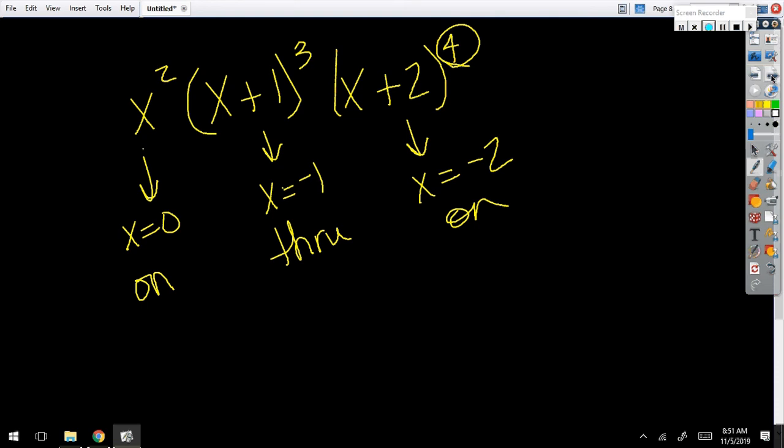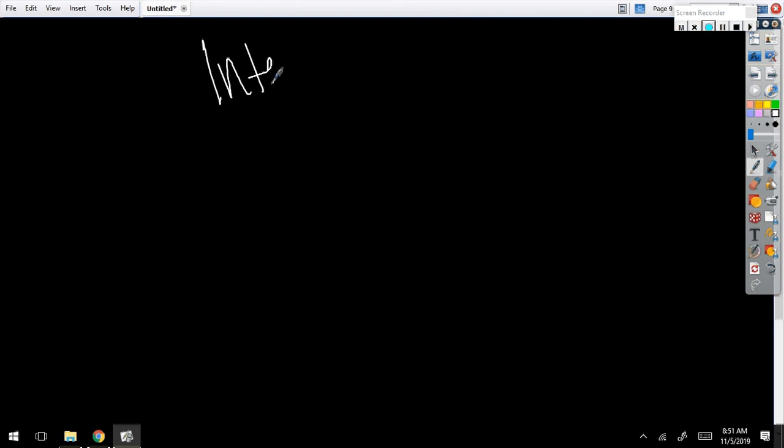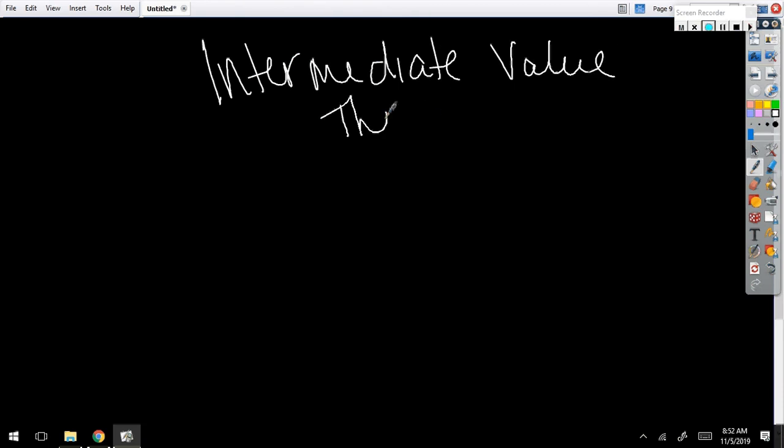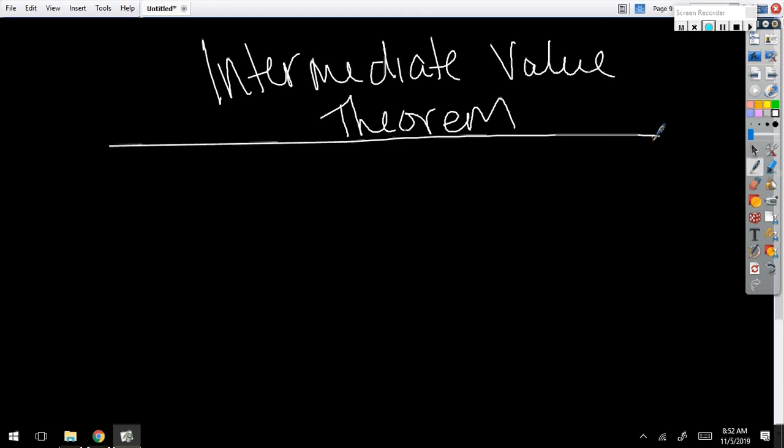Intermediate value theorem. This is another big word. I'm going to give it to you in mathematical terms and then explain to you exactly what it means.